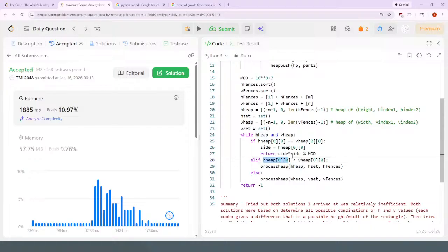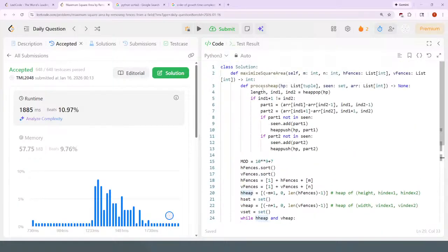Otherwise, if this height is actually bigger because it's more negative than the other one, then remove the height and use this helper function to do that. Anytime you split a height from two previous indices, either it keeps the first index and decrements the second index, or increments the first index and keeps the second index.